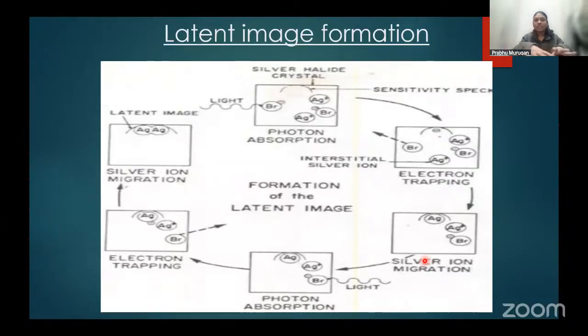And what will happen? You have silver halide scattered here and there, and free silver ions scattered there. So these will be positively charged. This positively charged silver will go and get trapped at the negatively charged sensitivity site. The silver ions are positively charged, the sensitivity sites are negatively charged, so this will go and get trapped there. So electron trapping is going to take place. Whenever more X-ray photons are absorbed, there is going to be more silver ion migration.